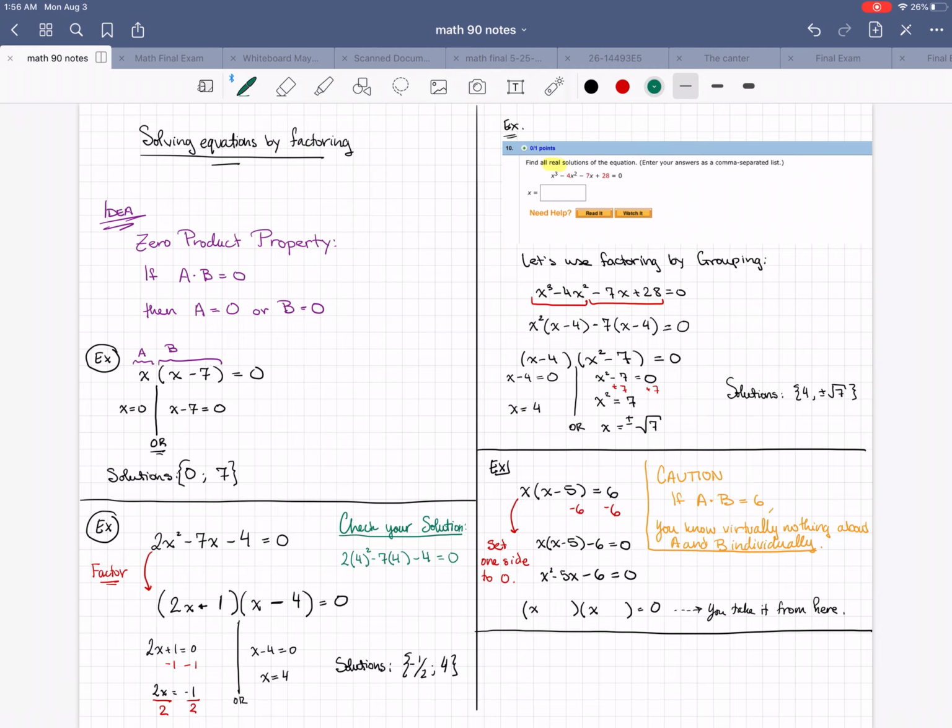Well, let's see, moment of truth, right? So 4 squared is 16. 7 times 4 is 28. Minus 4. Maybe let's put a little question mark on top of our 0. So what do we have here? 2 times 16 is 32, minus 28, minus 4, and that is in fact equal to 0.